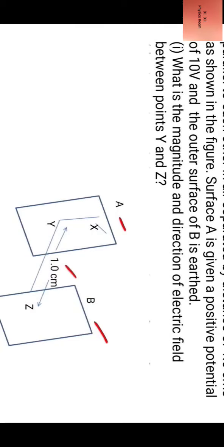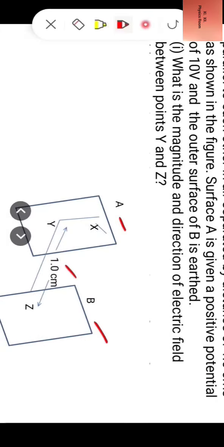What is the magnitude and direction of electric field between points Y and Z? So try to answer this question. The most important point here is that B is earthed. Then you try to solve this question.